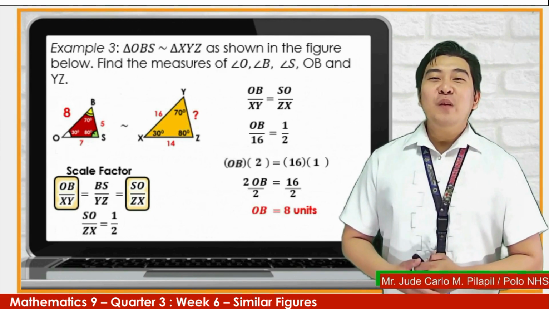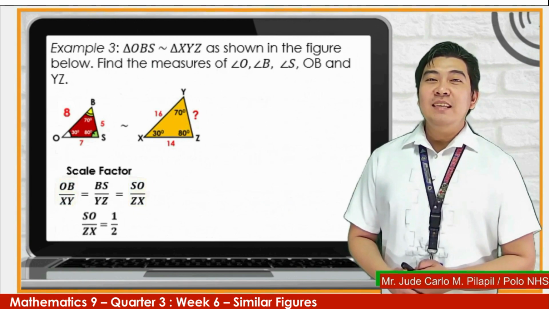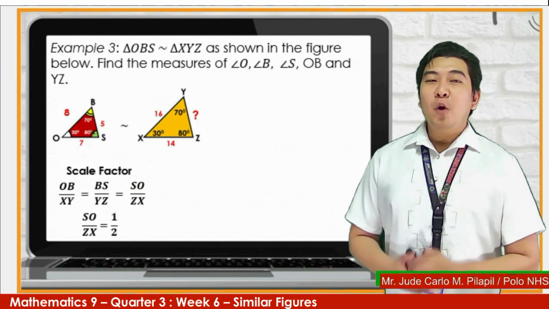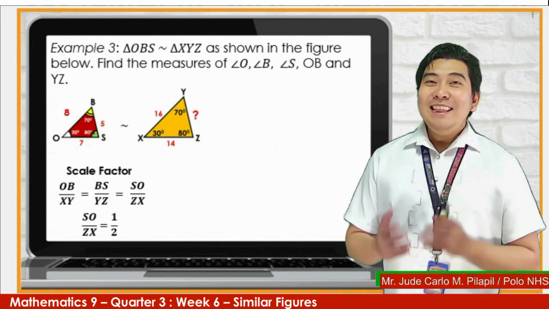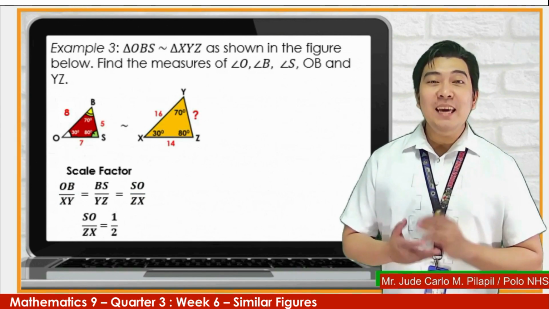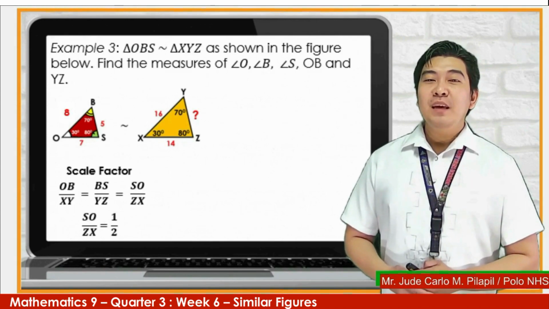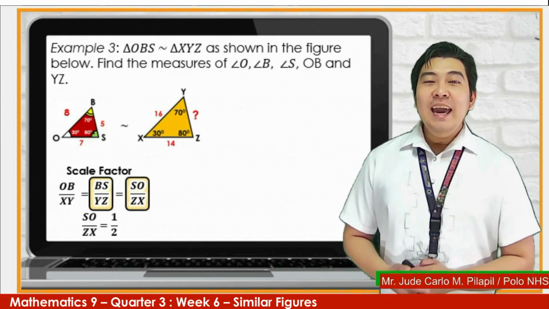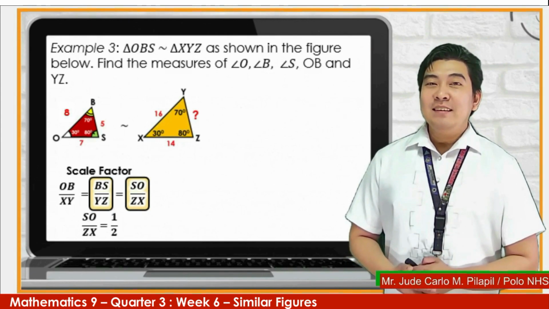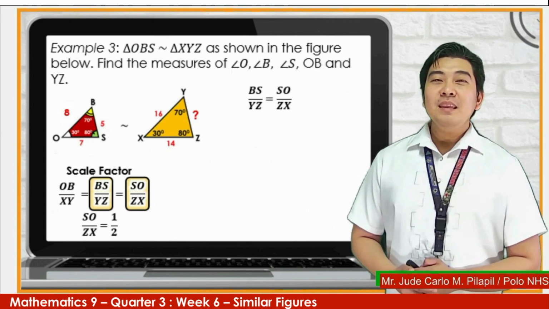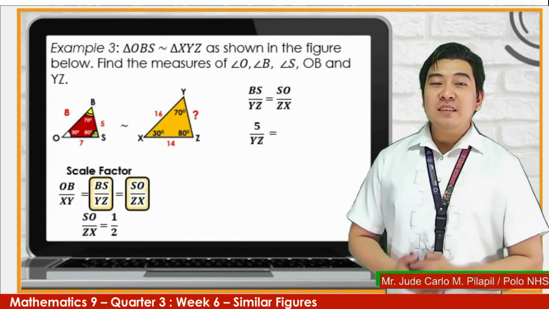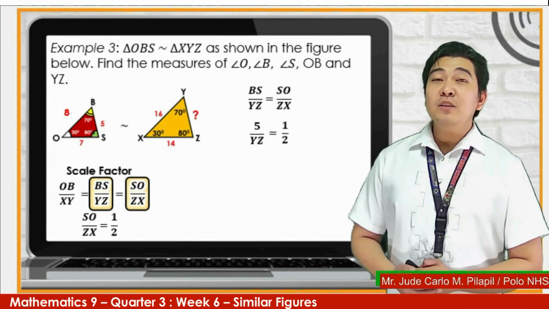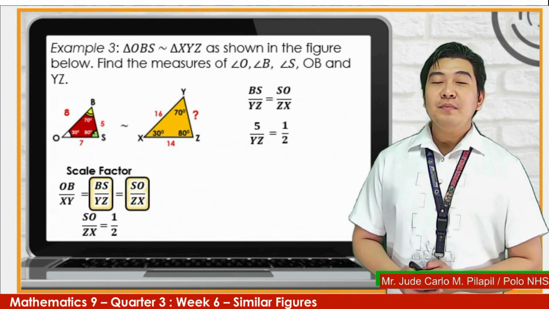Now, let us find the length of the last side, which is YZ. Again, we need to form a proportion using the ratio that has side YZ in it and the scale factor. So it will be the ratios BS over YZ and SO over ZX. Let us equate them. Substituting the lengths of the sides, we will obtain 5 over YZ is equal to the scale factor 1/2.